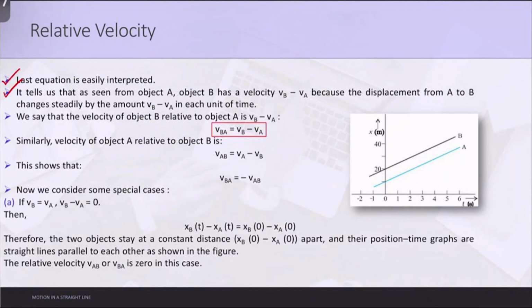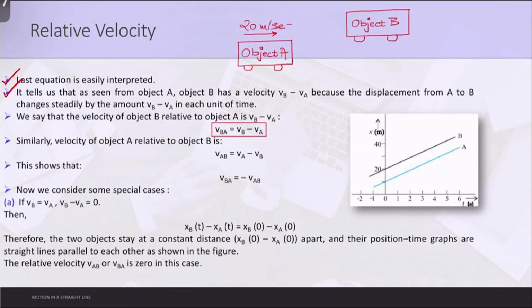Let me devise this using a diagram. Let us say this is your object B, and this is your object A. It is as seen from object A. Let us say this is moving at some velocity, 20 meters per second, and this is moving with some velocity, let's say 30 meters per second.